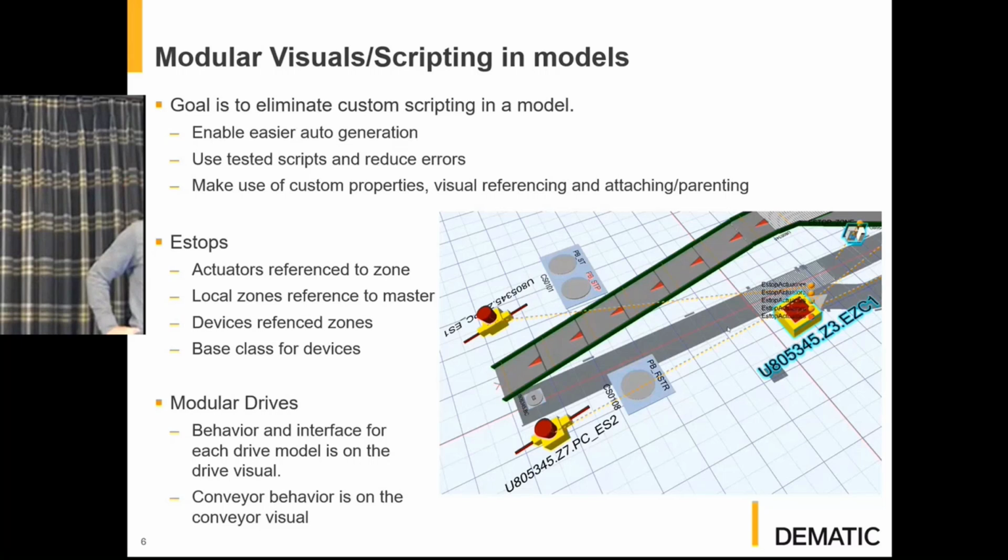It also allowed us to greatly reduce the number of scripts and have tested scripts every time. So we wouldn't have a custom script on this model just for adding a photo eye. A lot of that came about by implementing custom properties and visual referencing, which we didn't do much before.